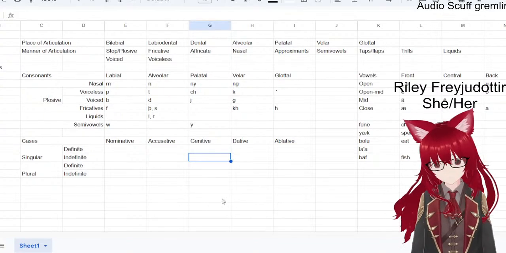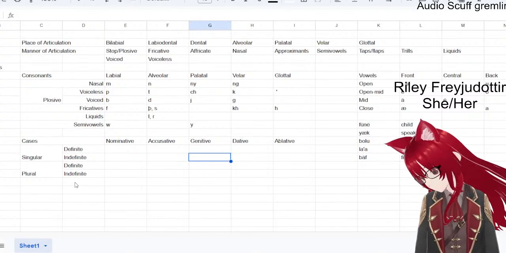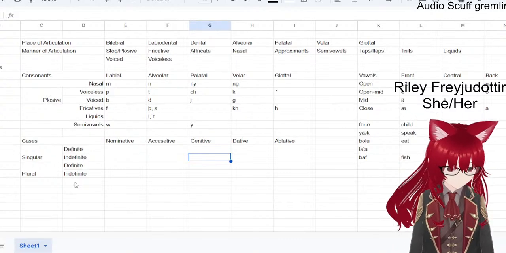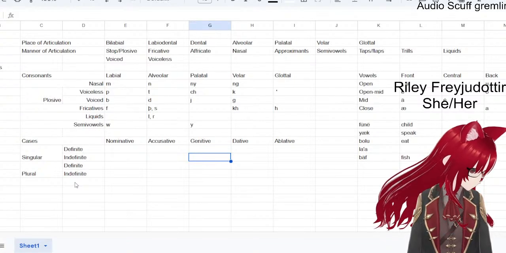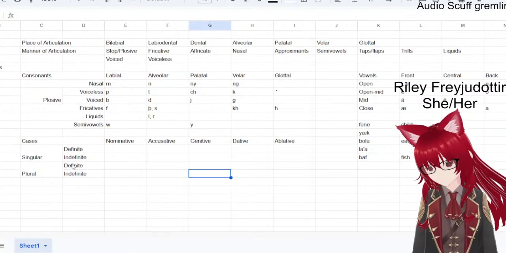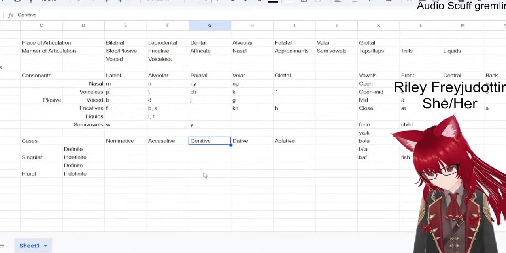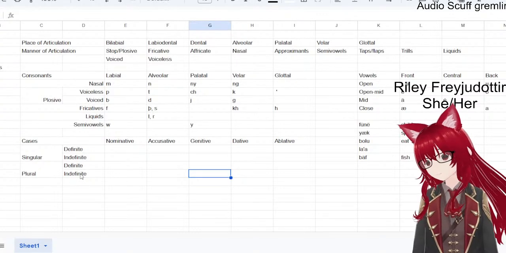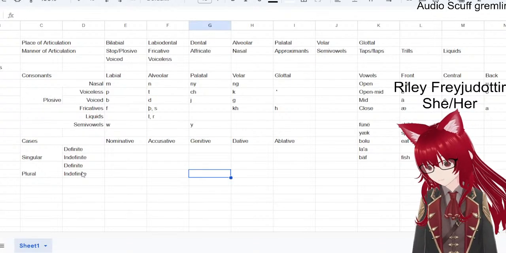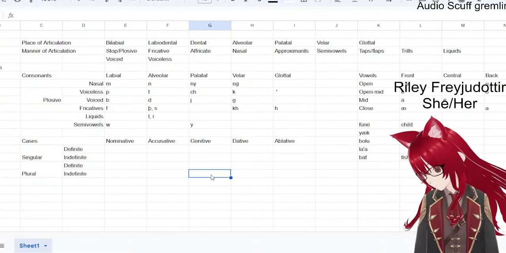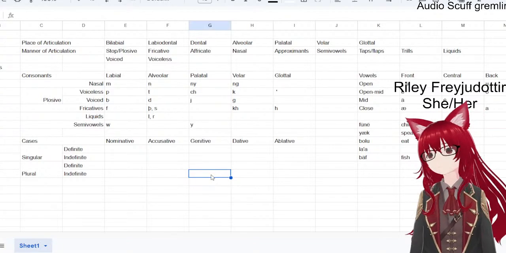Or if I wanted to say some people's language, that would be indefinite plural genitive. People, plural. People's means it's genitive, and some means it's indefinite. Some people's language: person is in indefinite plural genitive.